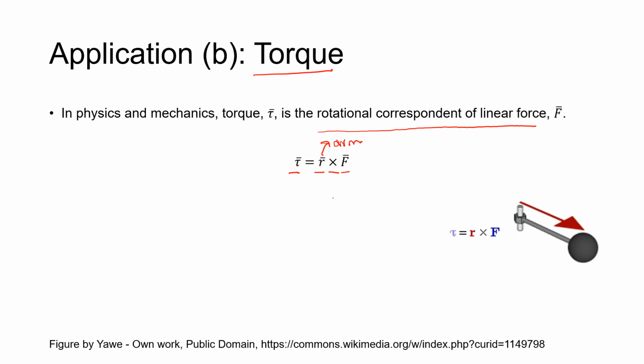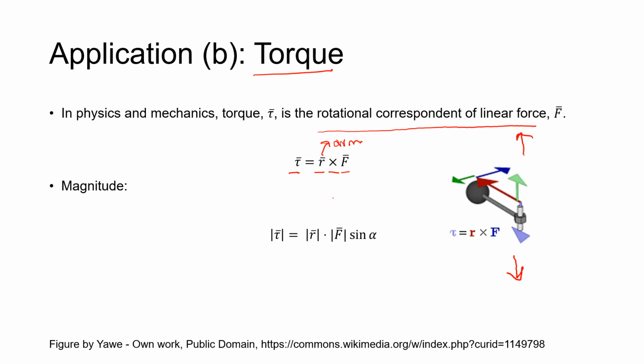As we can see, depending on the direction of rotation, we will have generated torque either in the downward direction or in the upward direction. The magnitude of the torque is equal to magnitude of R multiplied by magnitude of F sine alpha.